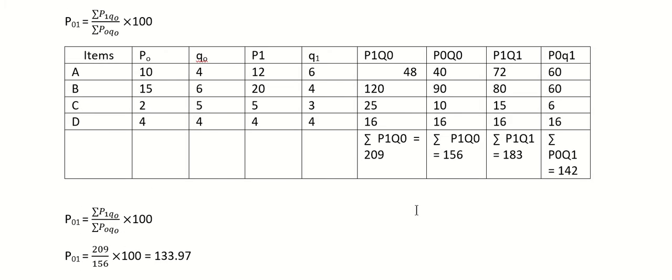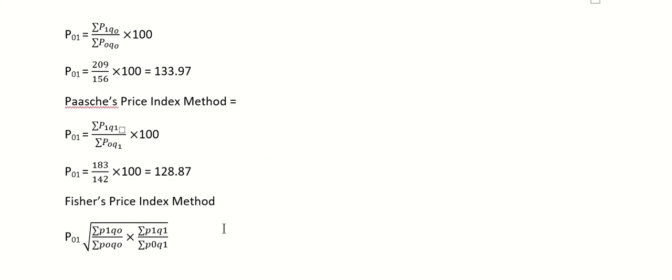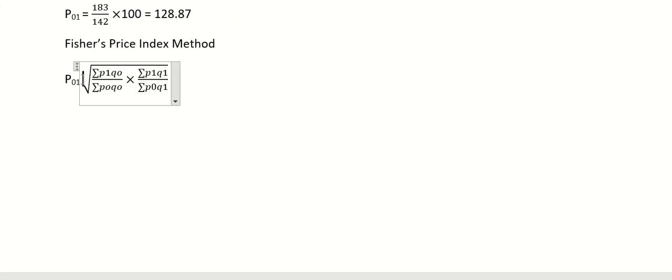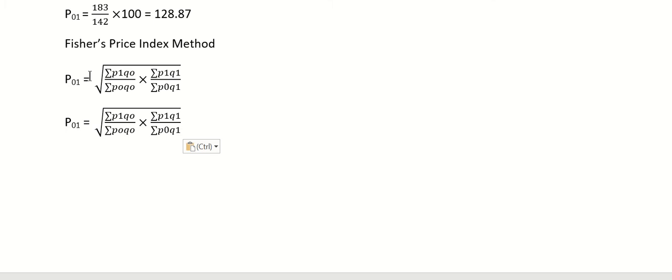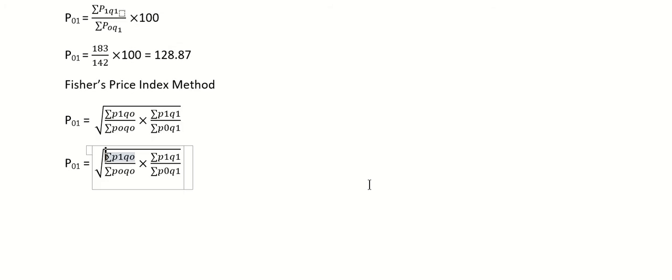We are not required to calculate anything else, as we have already calculated all the values, right? So summation of P1 Q naught is 209.